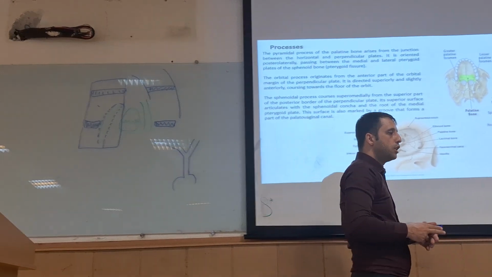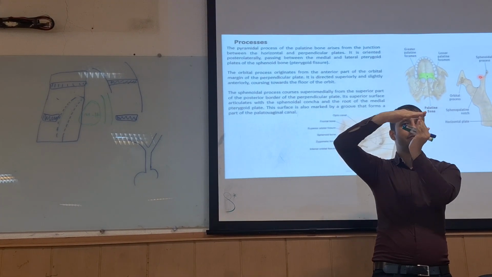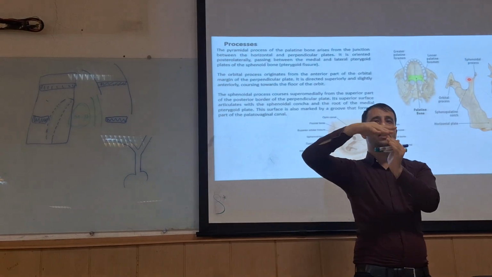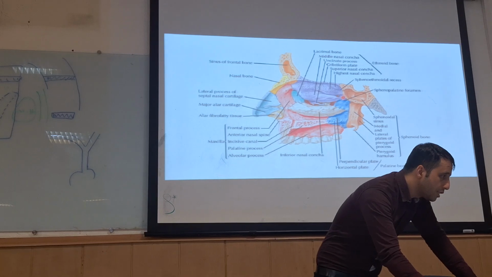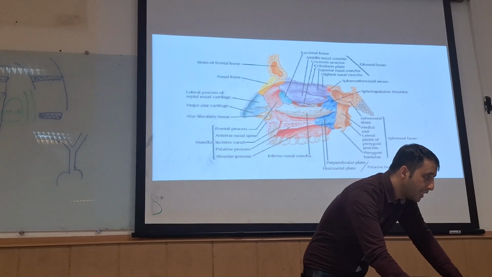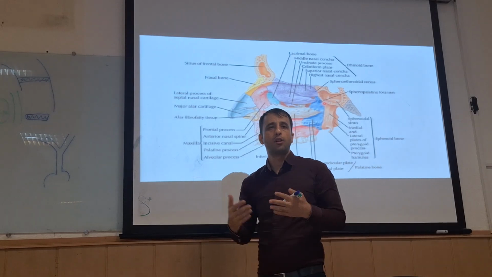When it arrives at the inferior surface of the sphenoid, they make a foramen. When attached to the sphenoid, they make a foramen, which is named the sphenopalatine foramen.